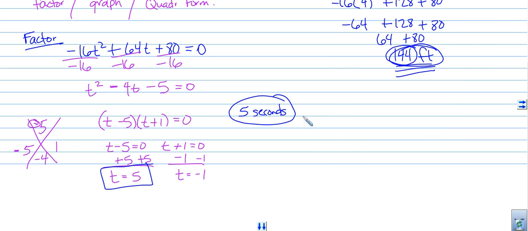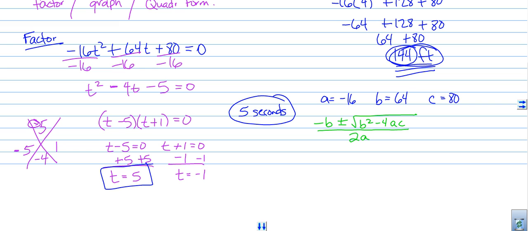So now, if I wanted to do it using the quadratic formula, I know my a equals -16, my b equals 64, and my c equals 80. Okay? So the quadratic formula says -b plus or minus the square root of b squared minus 4ac all over 2a.